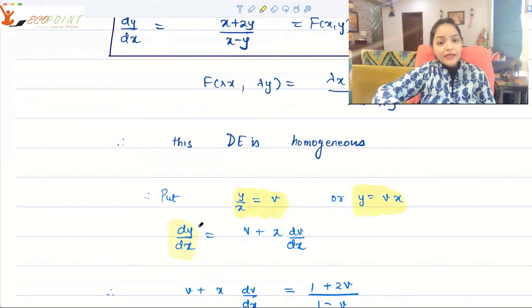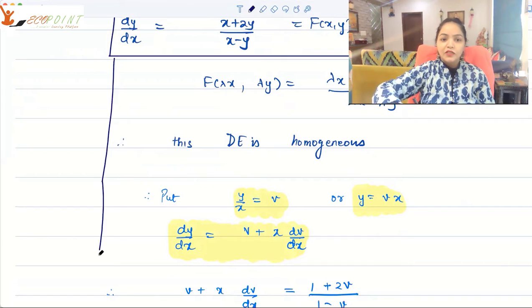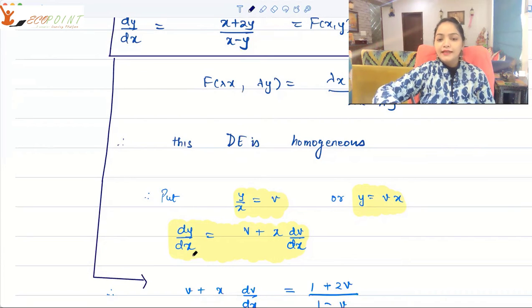Hence, dy by dx will be equal to v plus x times dv by dx. And substituting what we have here, your dy by dx will become v plus x into dv by dx.